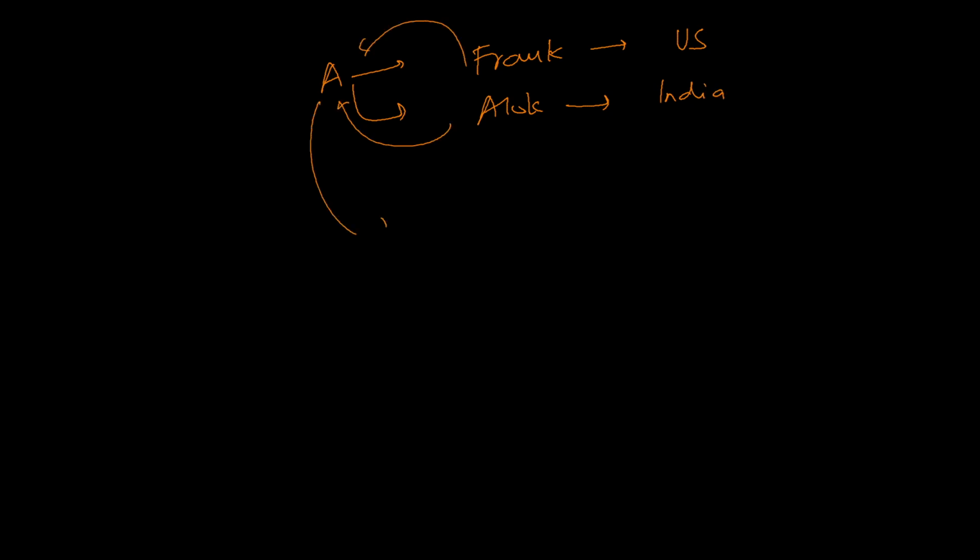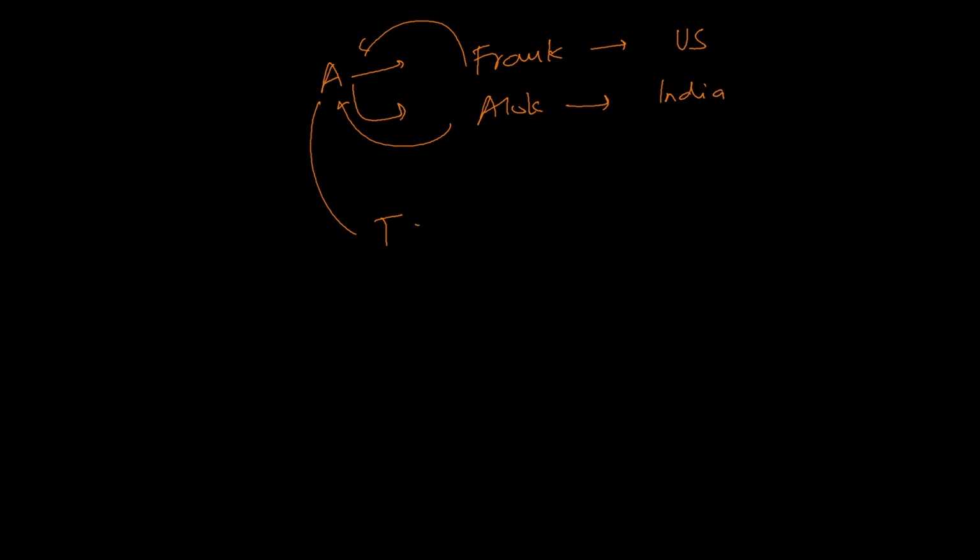See, think of it like this. Let's say our agent is talking to Frank. Frank happens to be from the US, and he has another user, and this user is called Alok, and this user is based out of India. Now both of them ask the question, what is the temperature right now?